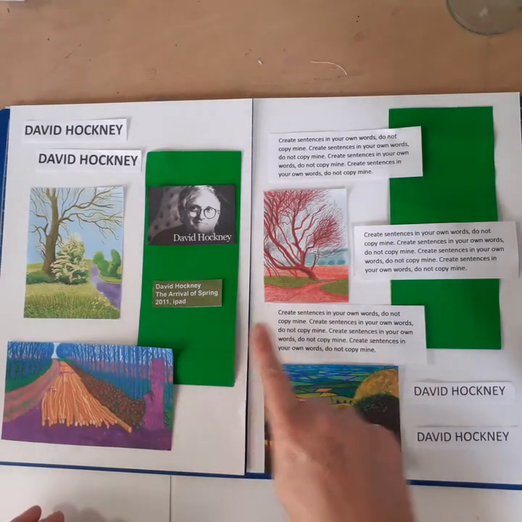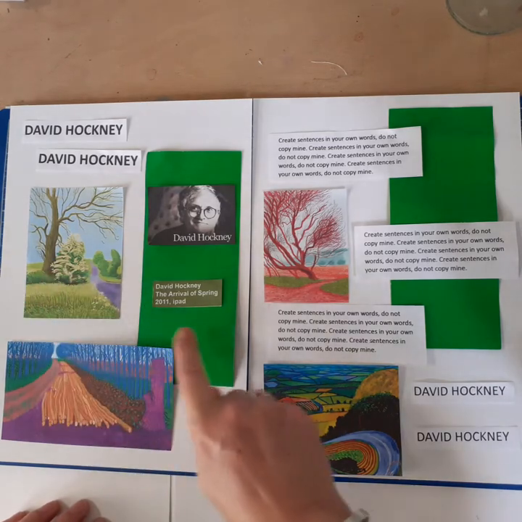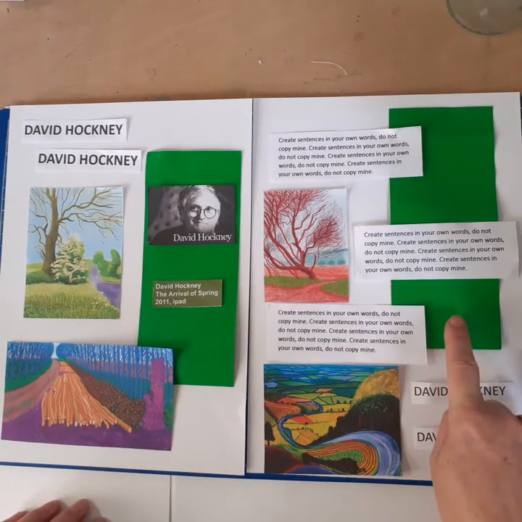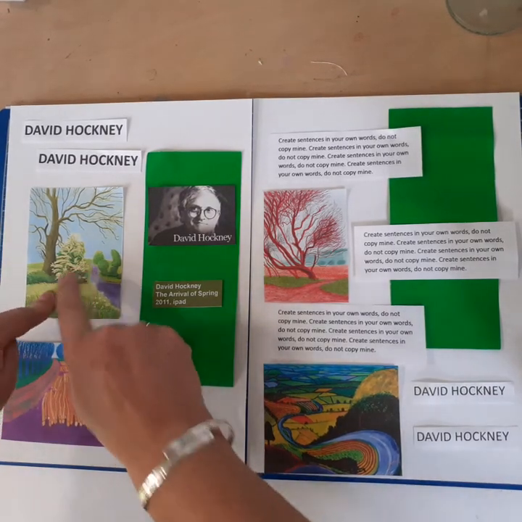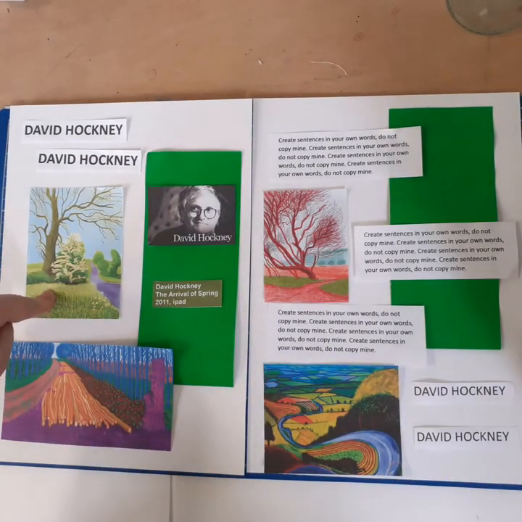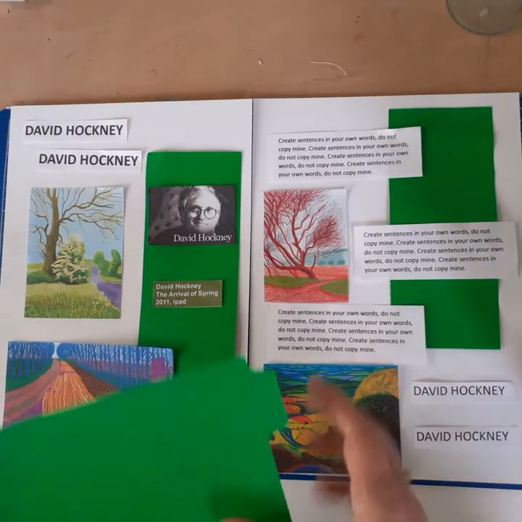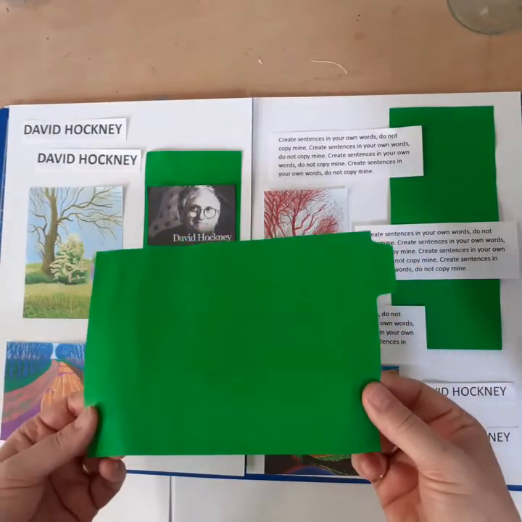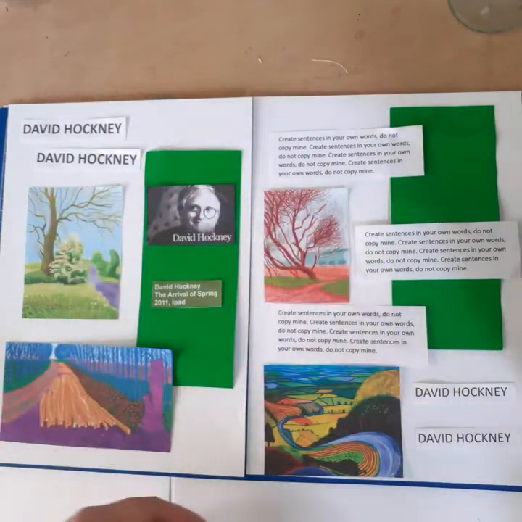So I've got some green backing paper because it ties in with the green of the study that you've done. Okay, so you need to think about the colour that you're going to use, so it can complement your study. Now these pieces of paper, this green, I just found some old file dividers. I really like that really spring colour green, so I cut that down.